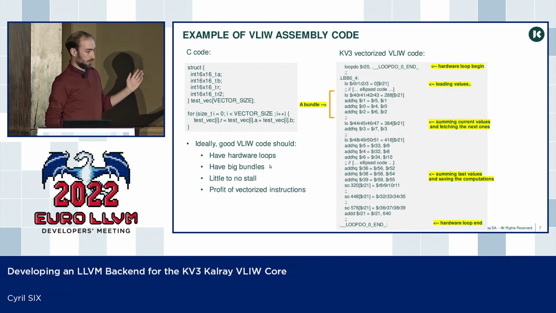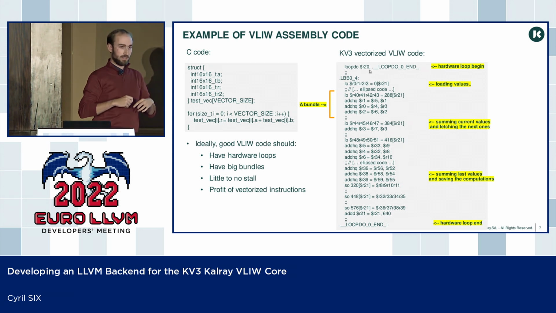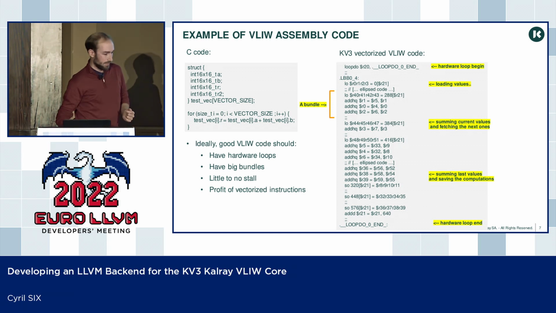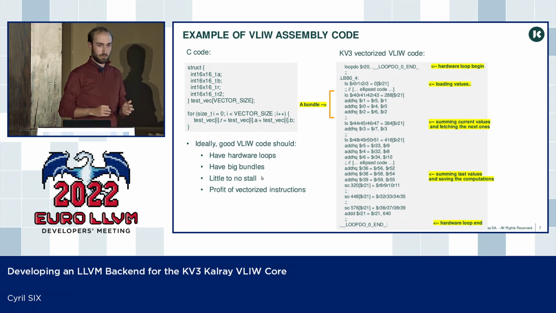Ideally, we are looking for code with big bundles with hardware loops. You've got this hardware loop here, meaning that when I reach the end of the loop, it's going to branch for free without any penalty in branching. We're looking for code with little to no stall, because if we have stalls, the performance goes down dramatically.